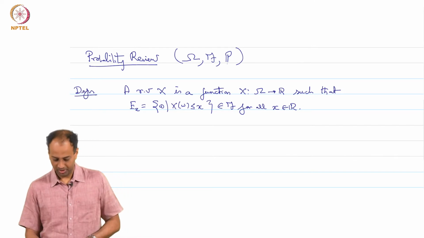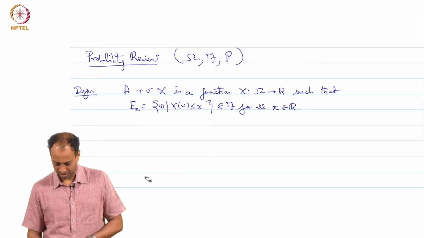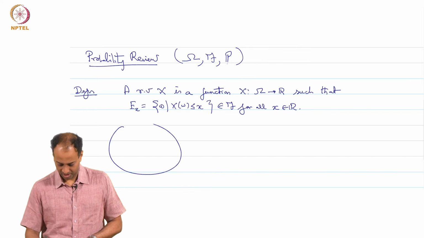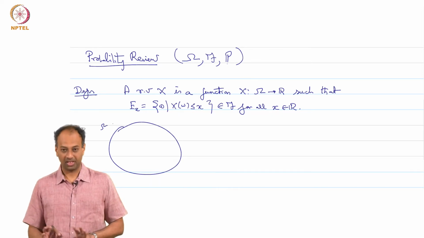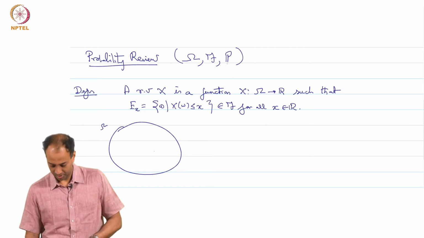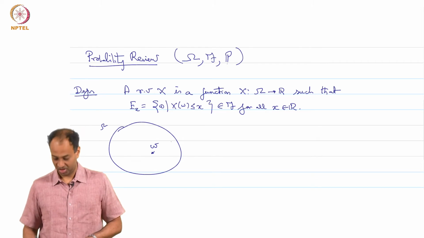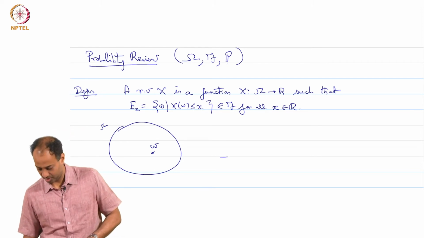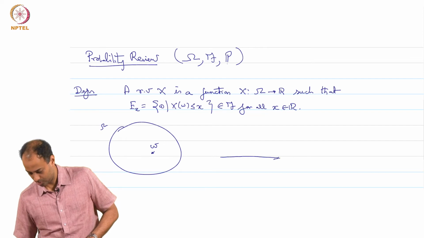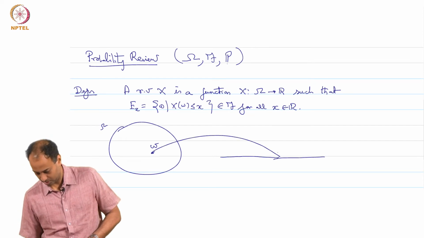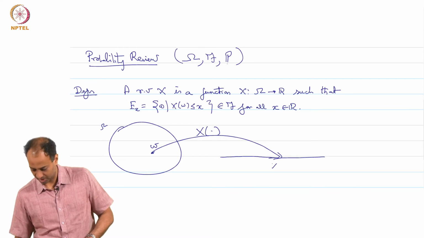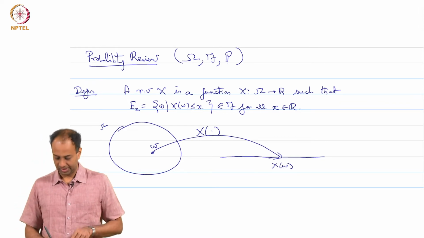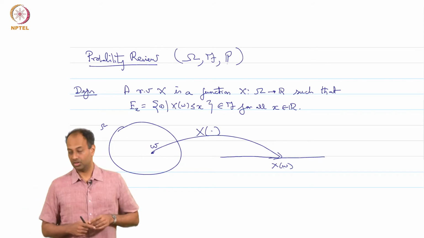Okay. So, usually you can draw this picture, that is your omega, and there is some F and P defined on this omega. So, every time, there is an omega that is picked by nature, and that is your real line and that is your map X, and this X of omega, for every little omega, X of omega realizes as a real number.